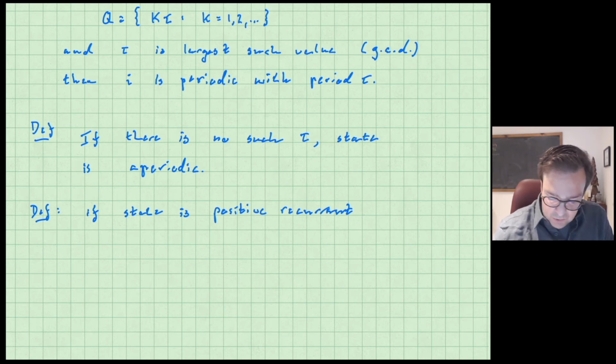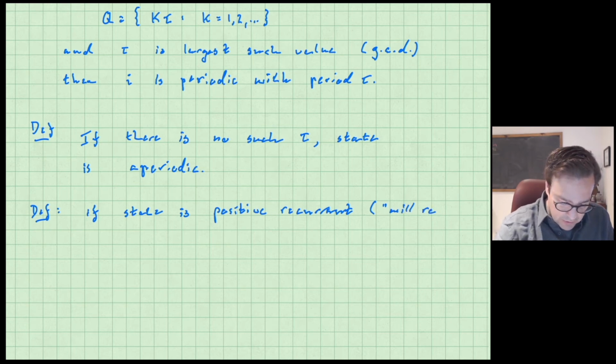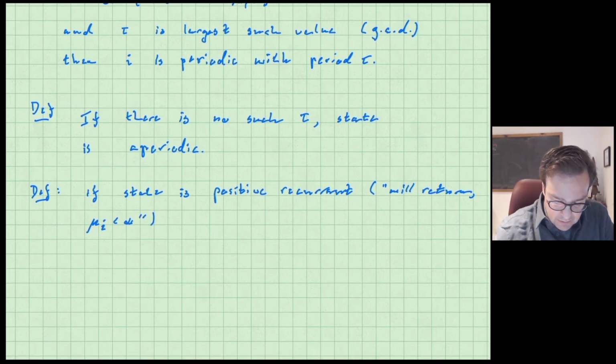That means that you will return eventually, and you have a mu I that's finite, an expected recurrence time that's finite. So if the state is positive recurrent and it's aperiodic, so no period, then we call it ergodic.